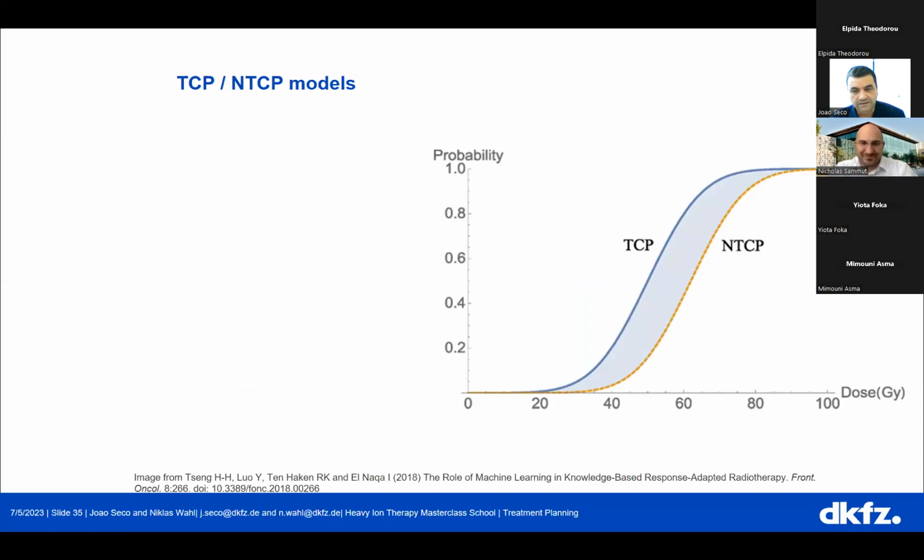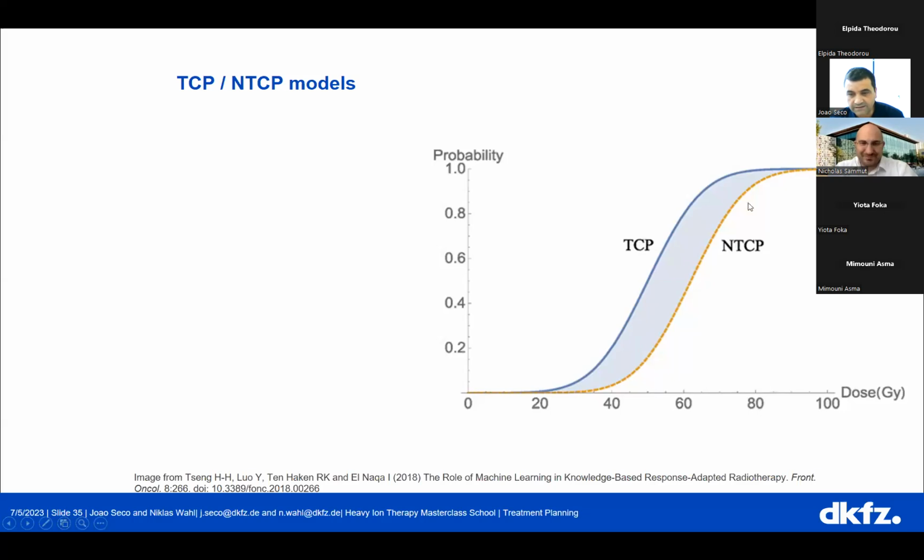Okay. What about the biological models? The biological models usually translate into what are called sigmoidal curves, right? Where the probability of tumor control, or the probability of toxicity, increases from 0 to 1. So this is a probability 0 to 1 or 0 to 100%, whichever you use. And on the x-axis, you just have dose. That means as I increase the dose to my tumor volume, the probability of control increases. So let's say I give 50 gray, in this case, 50 gray corresponds to 50% tumor control.